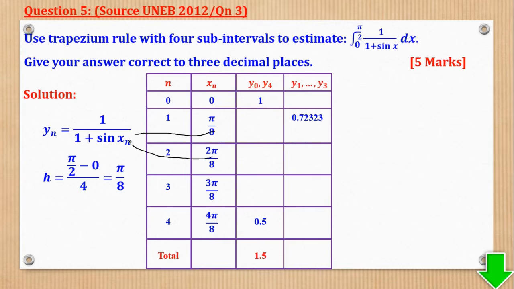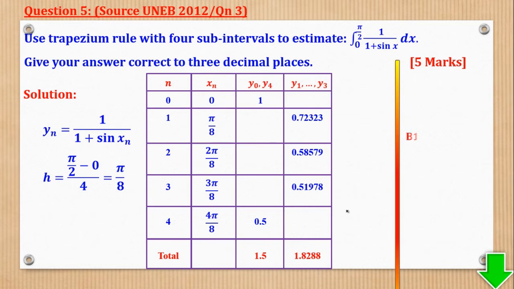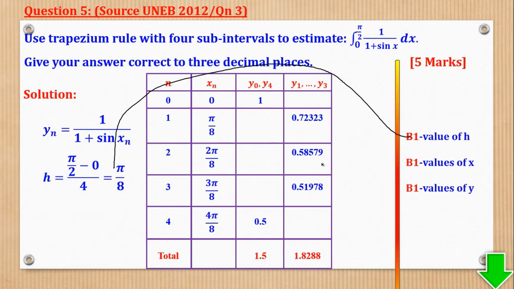Put this one here, come up with that. Put this one here, come up with that. Then add all these three to come up with that. So B1 for getting the value of h, B1 for generating values of x, B1 for generating both columns of y.